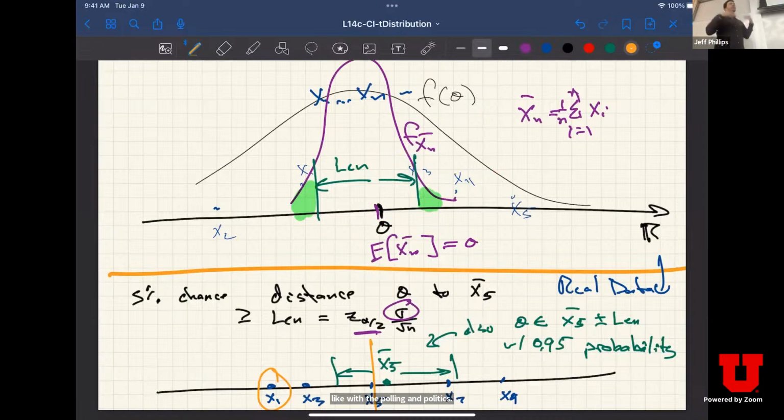So you want to predict the probability that you win the race, or that you are going to win the game. You win if you're on one side of the threshold, so you want to say, what's the probability that you're on one side? And that's a little bit different than the confidence interval, I guess.